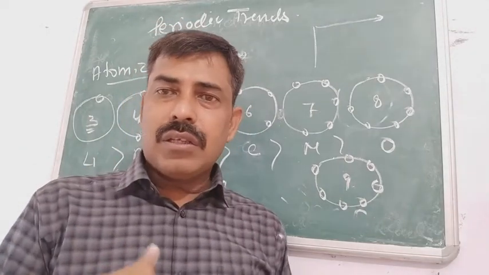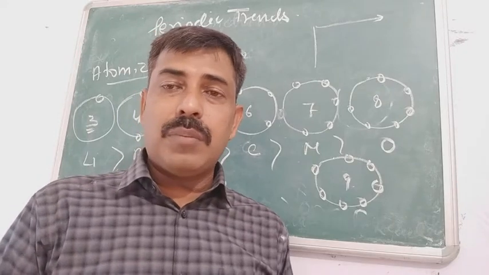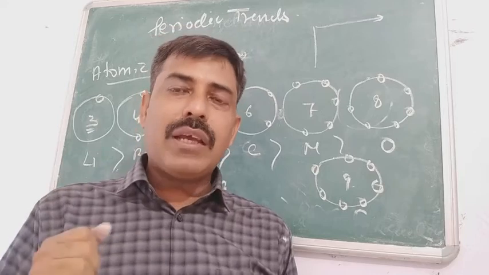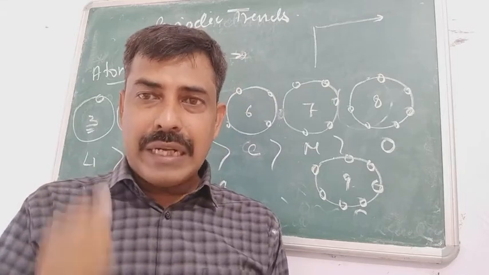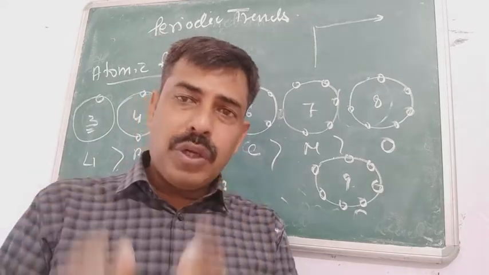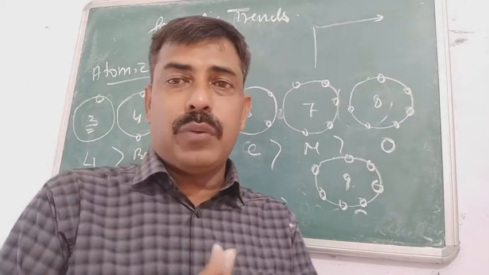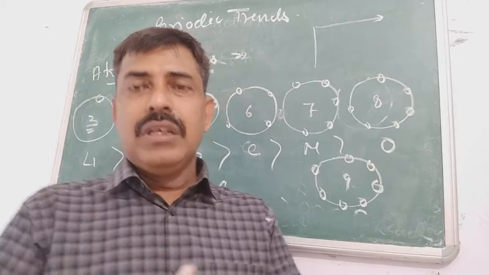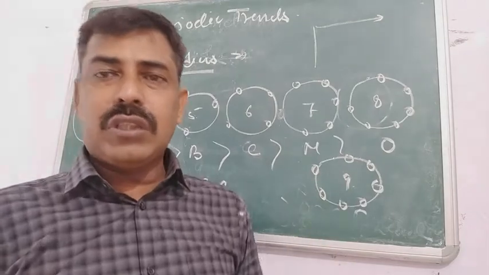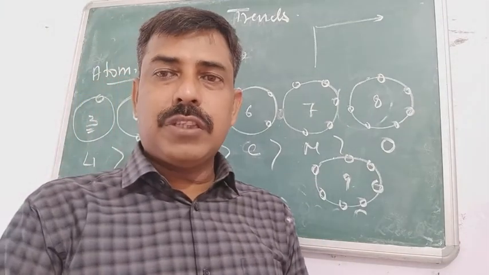But the nucleus is behaving like a point charge, having a greater number of protons and a greater value of nuclear charge. So the nuclear charge becomes more effective than the inter-electronic repulsions, and this is the reason that moving from left to right, from lithium to oxygen, the size decreases.